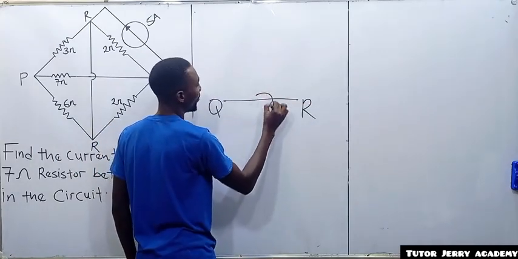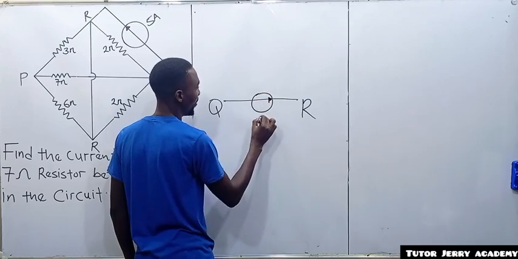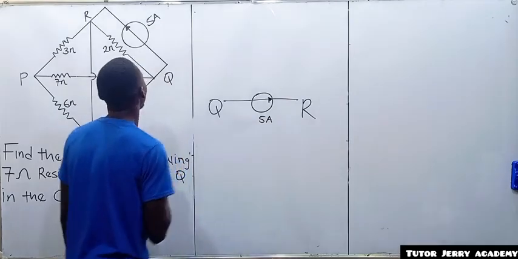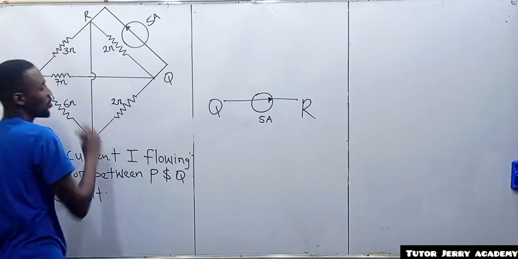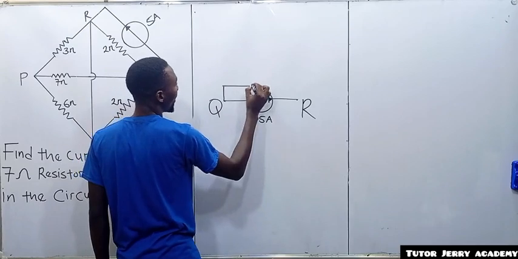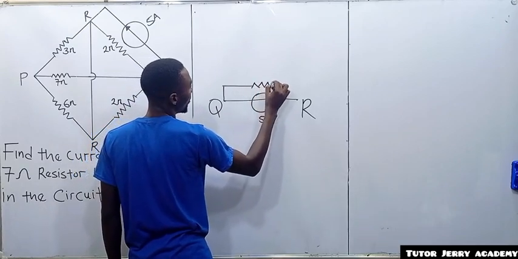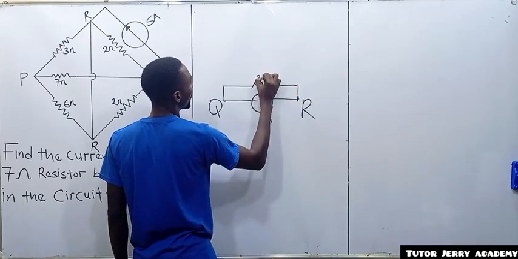Between Q and R, we are having 2 ohms, so we can connect 2 ohms in this manner.